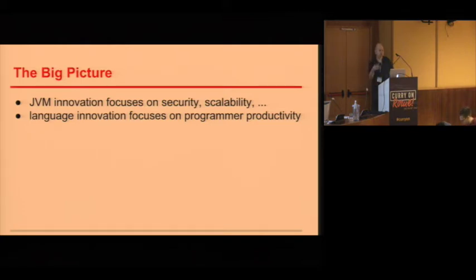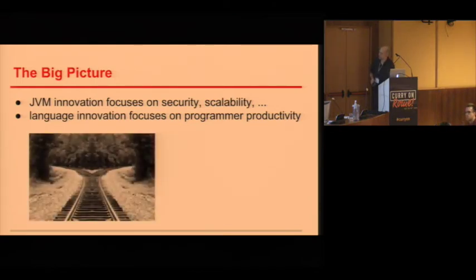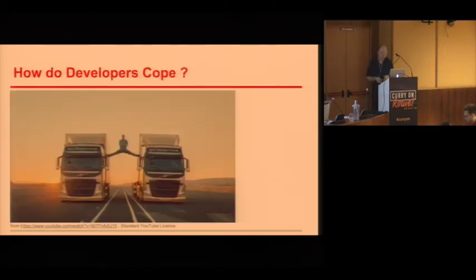Generics, boxing, unboxing, covariant return types are examples of this. So in a way, the mismatch between binary and source compatibility reflects this a little bit from the point of view of the programmer. So the question is, how do developers cope with this?